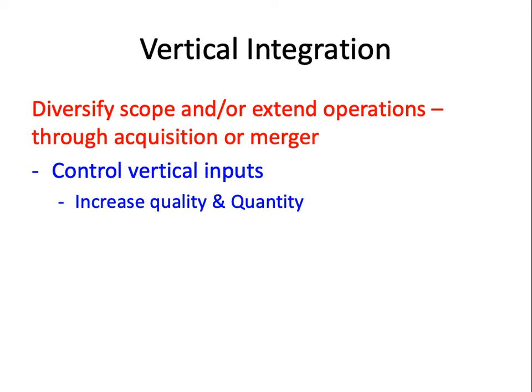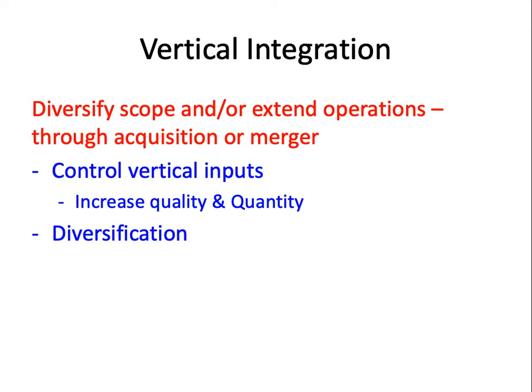And they can understand that if the price of lumber goes up, their costs of production aren't going to be significantly changed because they own the lumber mill that gets the lumber, right? So they can control the vertical inputs of what happens in their firm. And so that's one way to grow the size of your operations, diversify your scope by vertically integrating the factors of your production and your logistics chain.